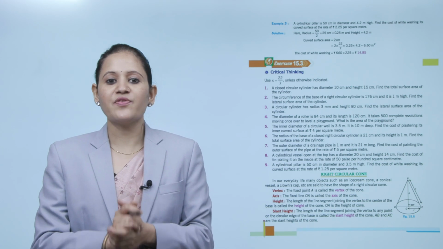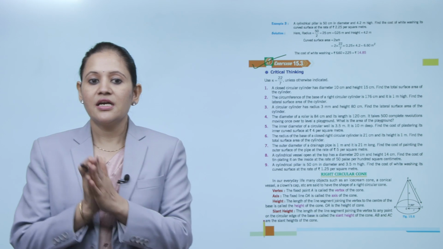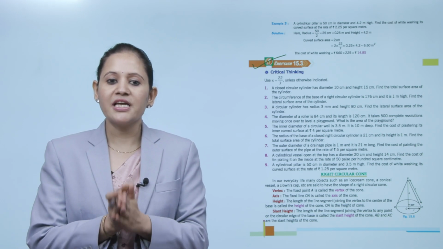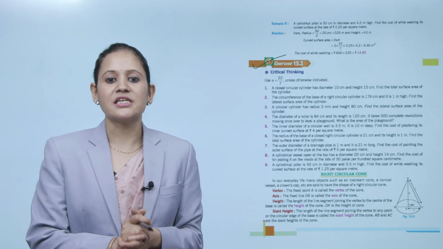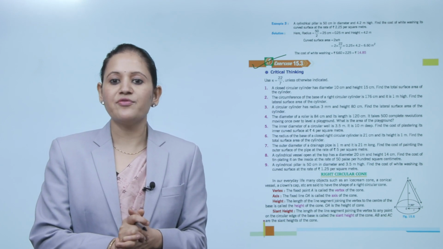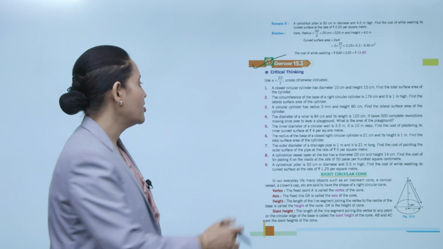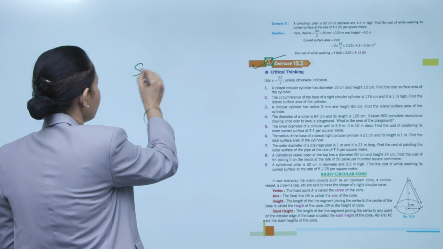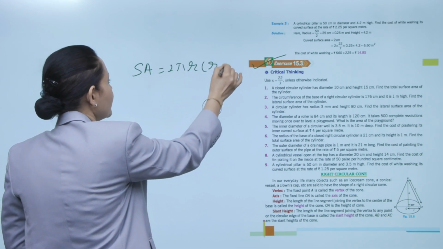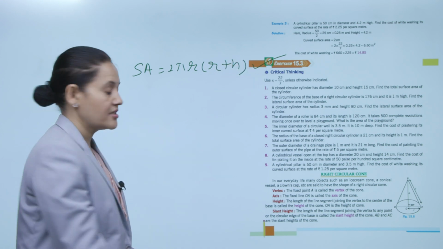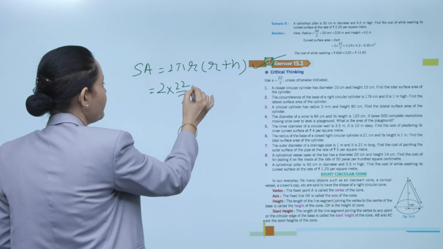Next is exercise 15.3. Critical thinking. Use pi as 22 upon 7 unless otherwise indicated. A closed circular cylinder has diameter 10 centimeter, height 15 centimeter. Find the total surface area of the cylinder. So, total surface area of the cylinder is 2 pi r times r plus h. So 2 into 22 upon 7.